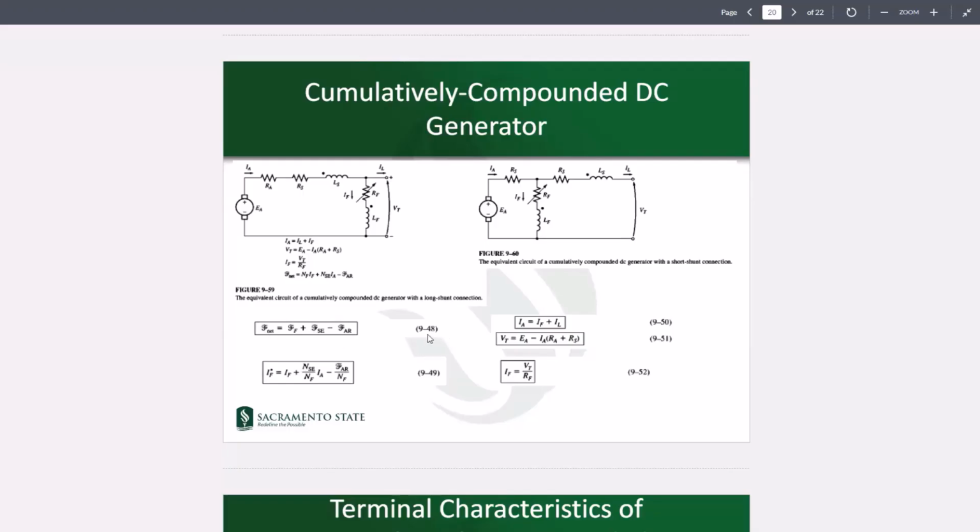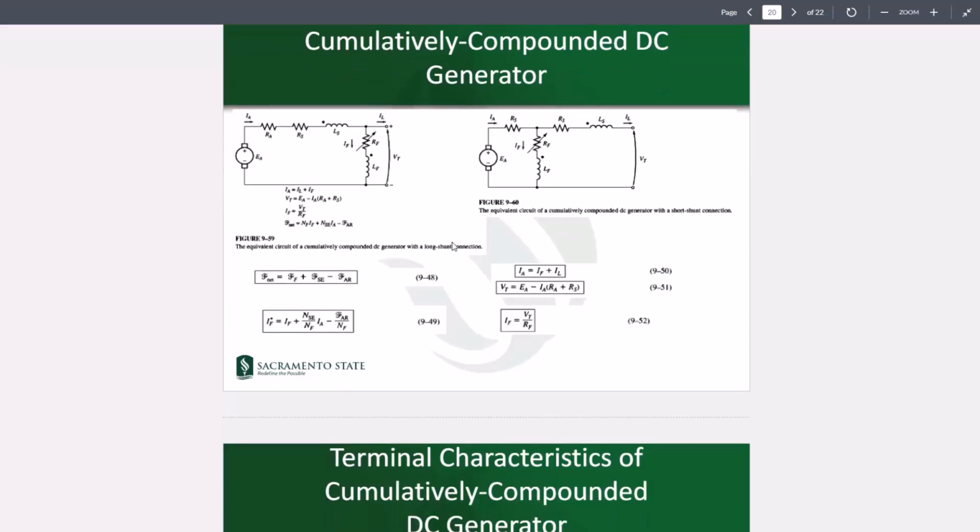From equation 9.48, you can come up with the effective IF star, which would be your actual IF plus NSE over NF times IA minus F armature over NF. NF is the number of turns in the shunt circuit, and NSE is the number of turns in the series circuit. So the equations of the machine are pretty straightforward through these circuits.